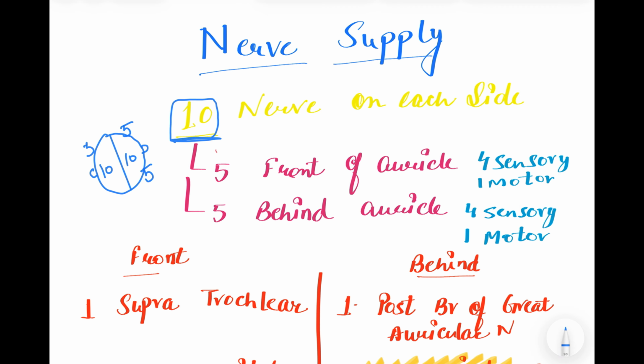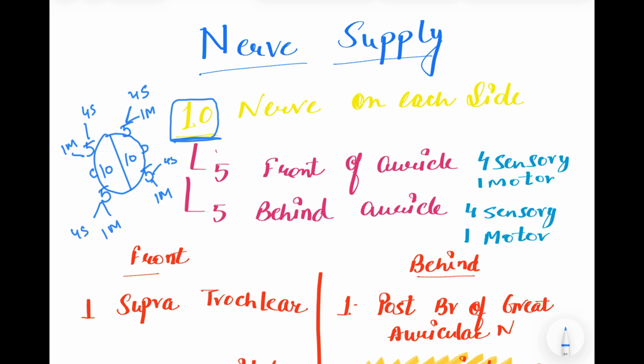Same over here, 5 in front and 5 behind. Now among these 5, I'm again going to have 4 sensory and 1 motor. Again over here, 4 sensory and 1 motor. So this is basically the nerve supply.